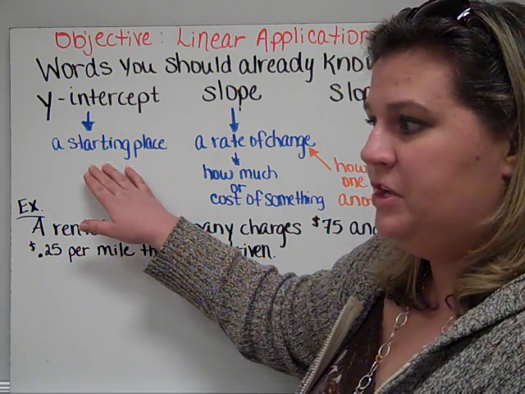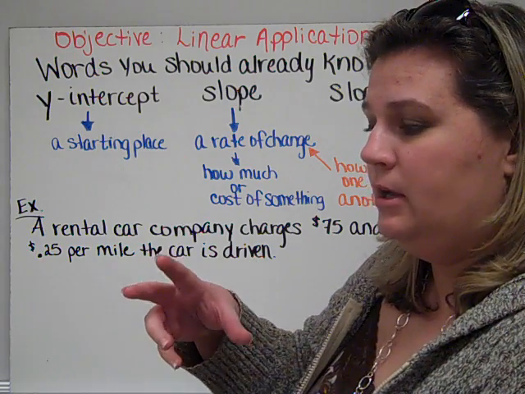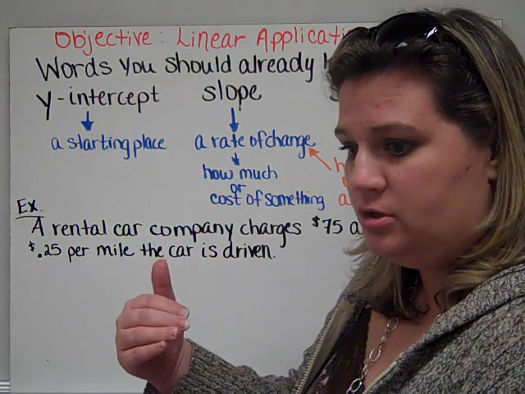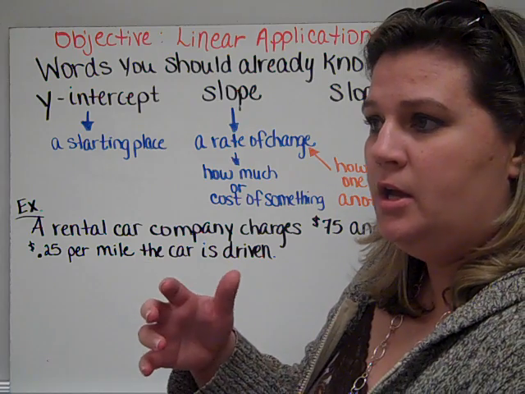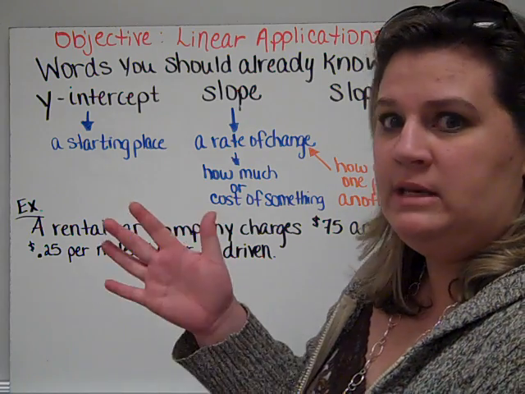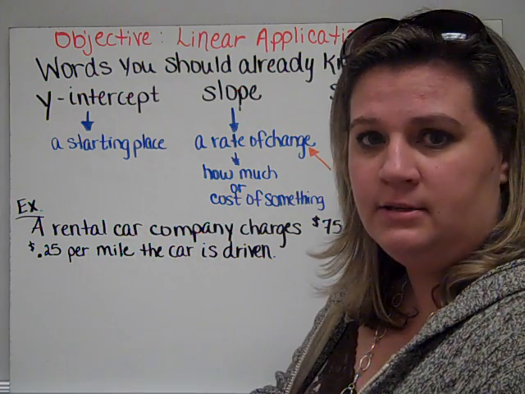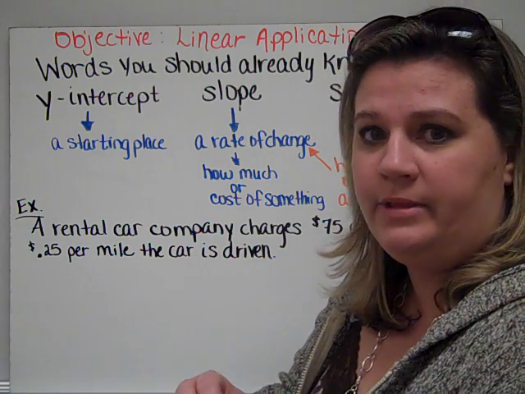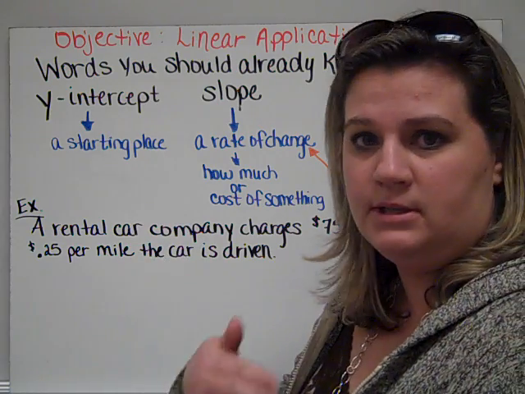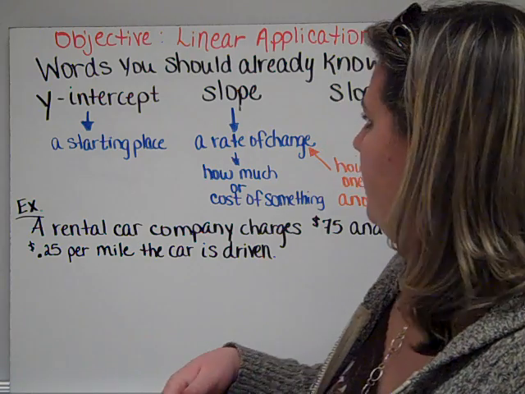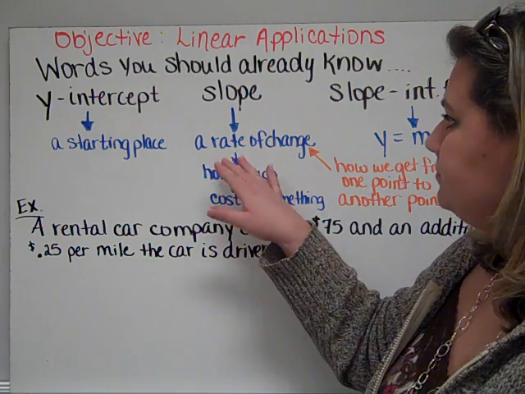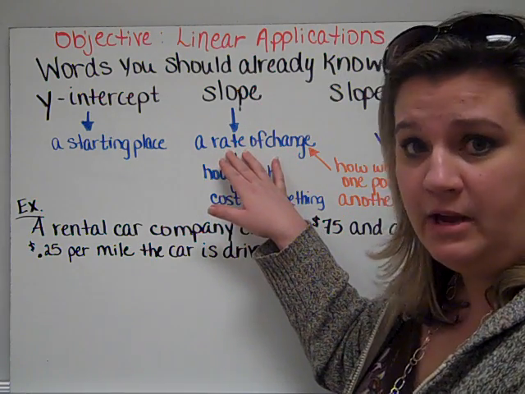That could be, what are we being charged, or what fee is there before you do anything else, like a flat rate type of a thing. So some kind of starting place is what a y-intercept is going to be, the beginning of something, okay? Slope. We already know that it's a rate of change.